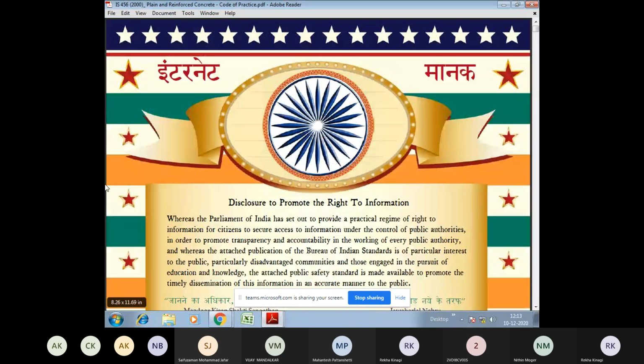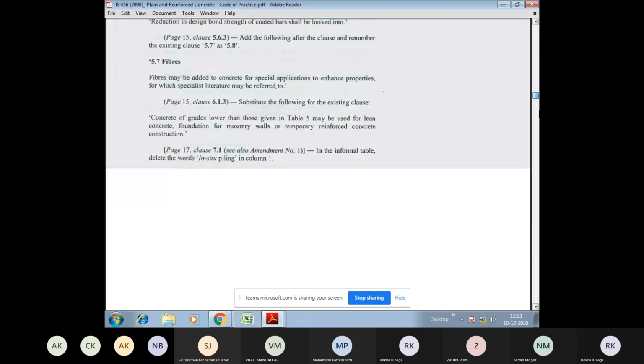Next one, the column has an unsupported length of 3 meter, and its ends are held in position but not in direction. Now the length is given; effective length we need to find out. In order to find out the effective length, let's go through IS 456.